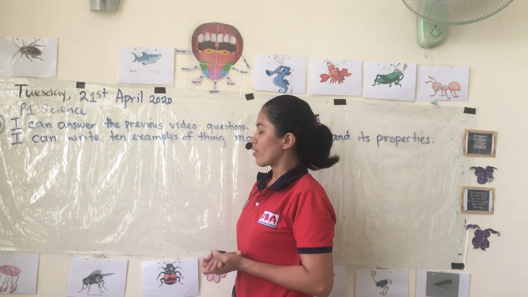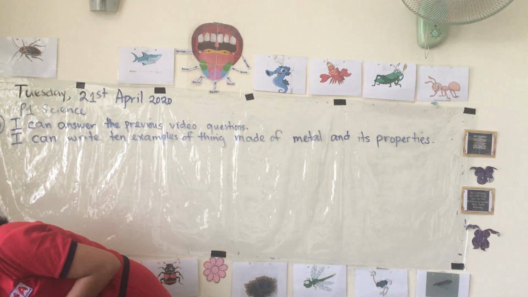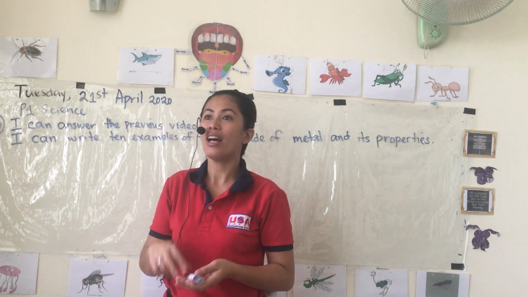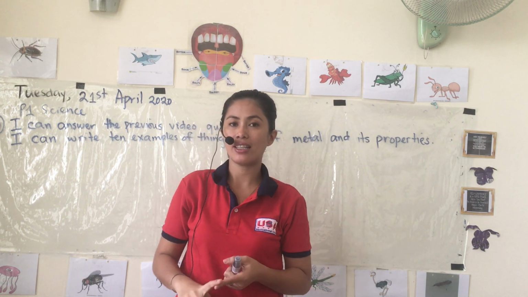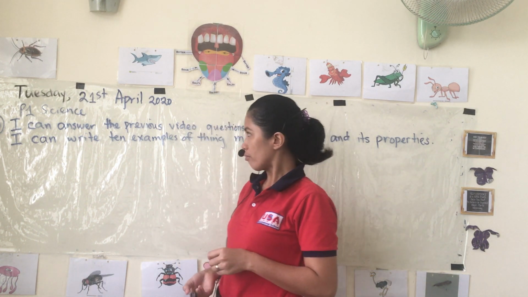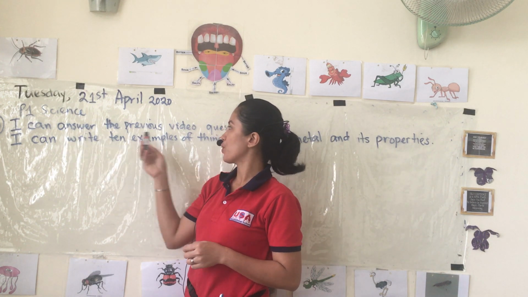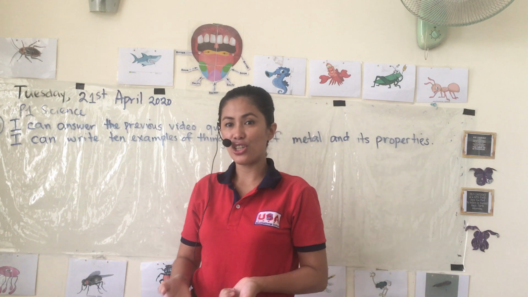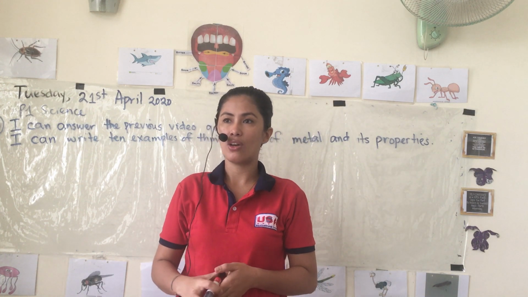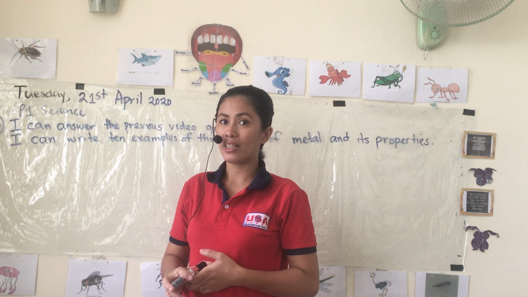Okay, so today we're going to have two learning targets. Our first learning target is that I can answer the previous video questions. Yesterday I posted a video about materials, right?